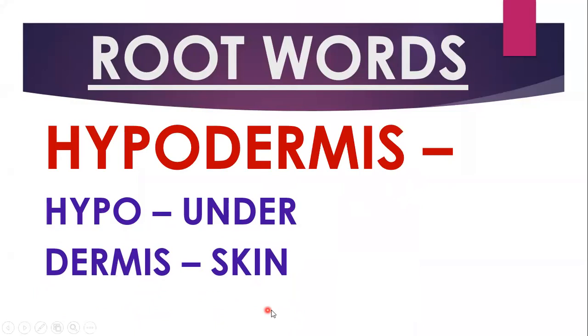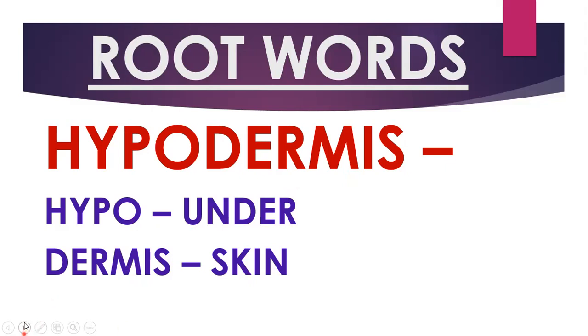So dermis means skin, hypo means under, and dermis means skin. We learned the root word dermis with the word derma, and I also gave you an example of Dermiford, the cream. Okay, so under the skin is known as hypodermis.